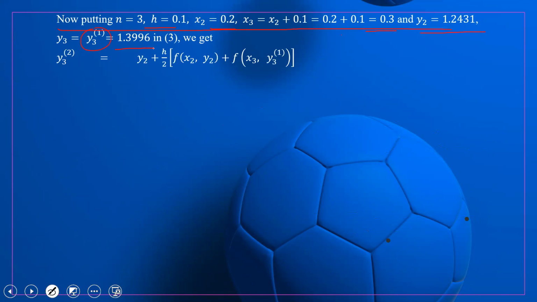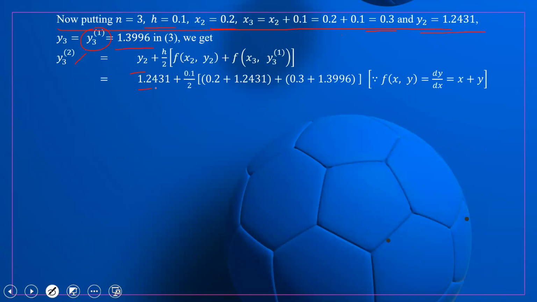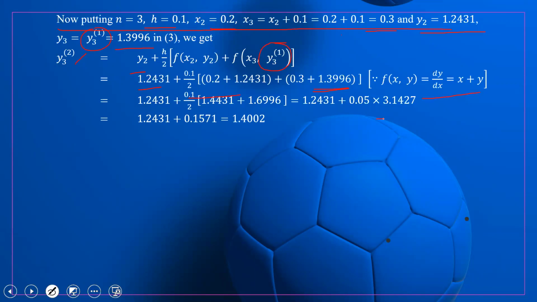So y3 of the second iteration is what? The middle value of these two things. So this will be the same, only this will change, taking 1.3996. And then we are using the formula so that we are able to find its value, which is 1.4002. This is the value of the second best approximate value of y3.